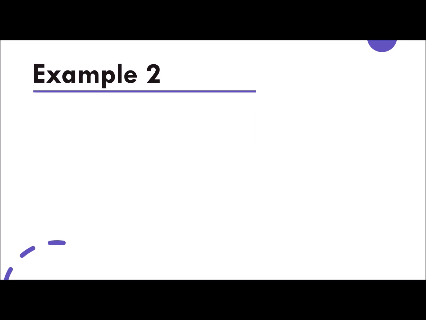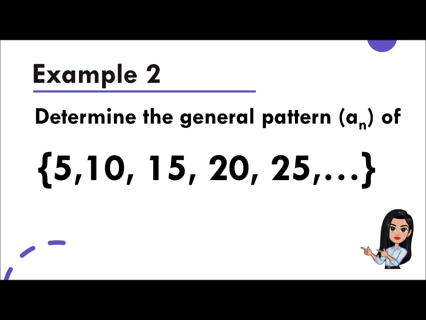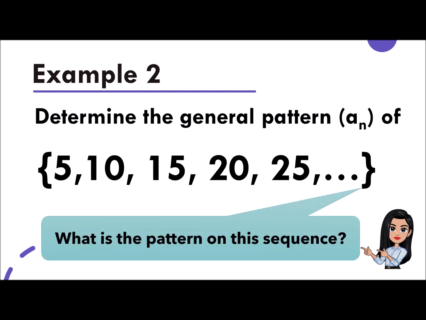So having this second example, determine the general pattern of 5, 10, 15, 20, and 25. I think that's very easy. What is the pattern in this sequence? Maybe some of you will tell me that it is by 5. In a higher form, that is correct.